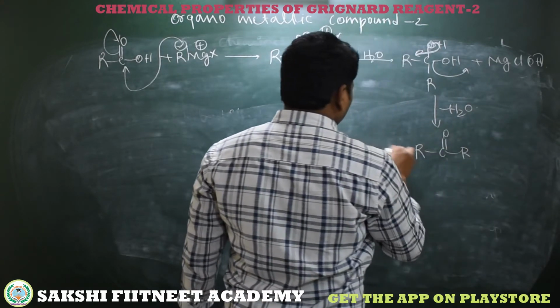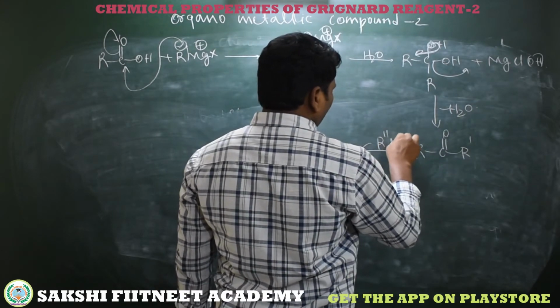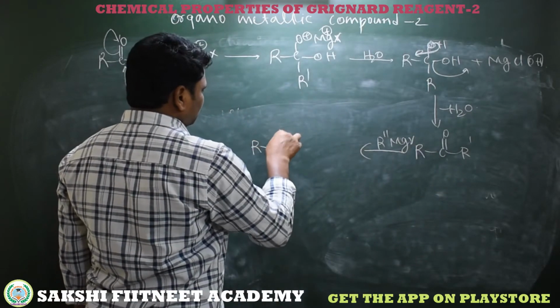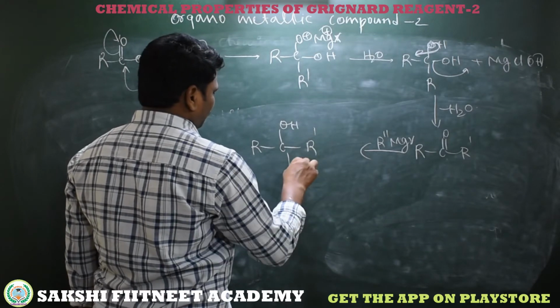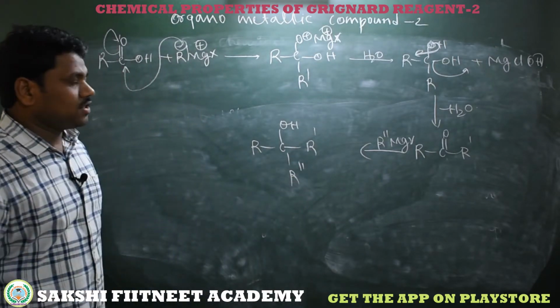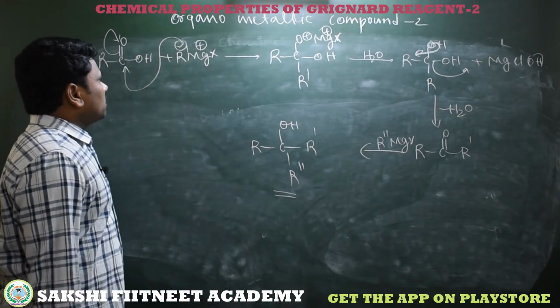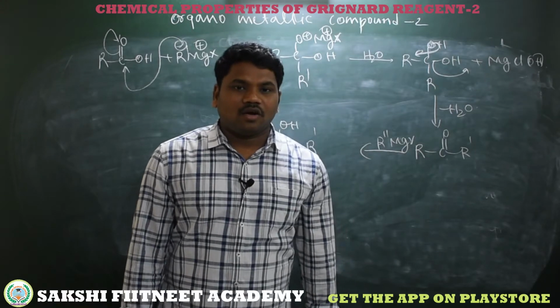We know that with the ketone, if you are using 1 more mole of Grignard reagent, as we just discussed, we will get a tertiary alcohol. So this is a reaction with a Grignard reagent. Ketone reaction with Grignard reagent gives tertiary alcohol.